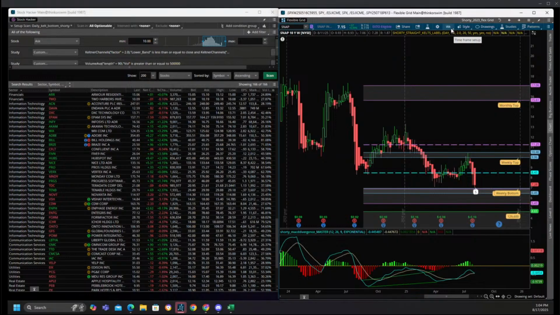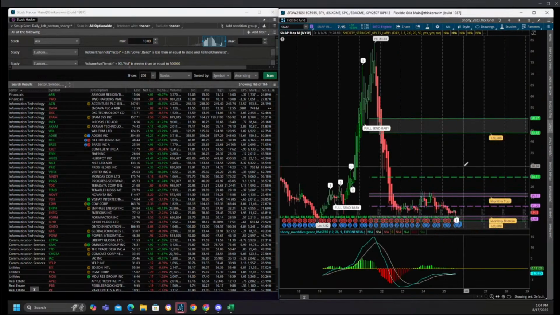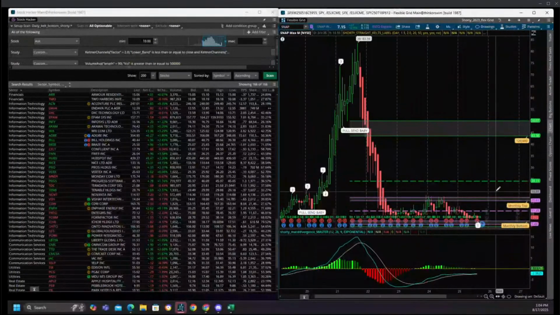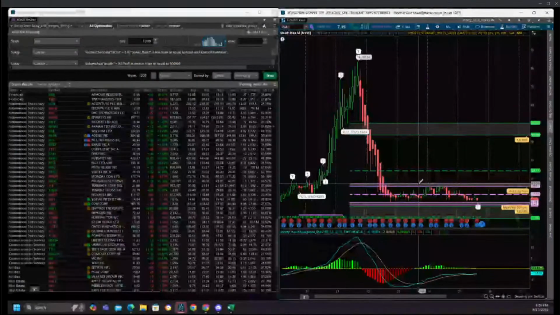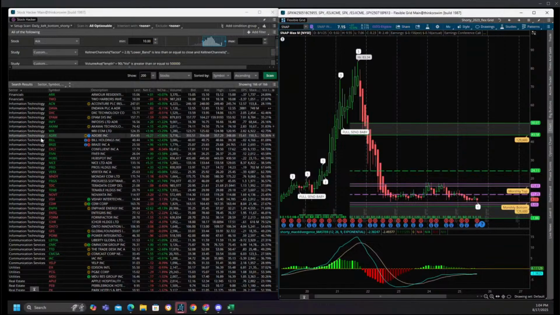If you're gonna gamble your money on Snap, this is the level to gamble it. This is the perfect level to gamble money on Snap. I don't know if they're optionable, but you can play some crazy options, like $20 strike. I would play it out for maybe October of next year.